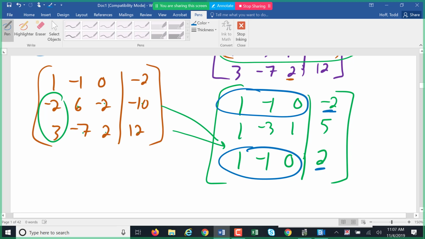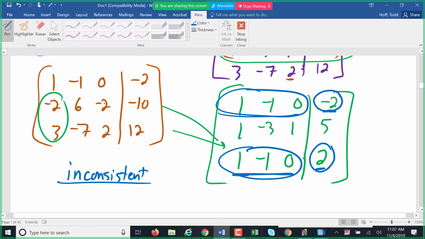If I have 2 rows where, ignoring the augmentation, all the entries are the same, that means this is either dependent or inconsistent. If these numbers over here were the same, it would be dependent, but they are different. This system of equations is inconsistent. There is no solution to this system of equations.